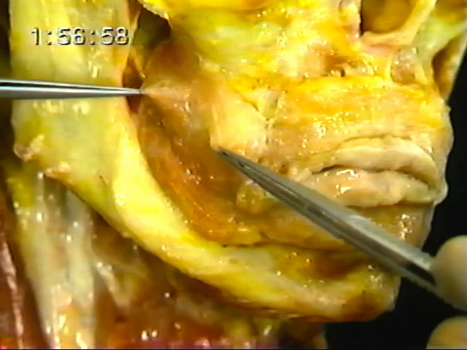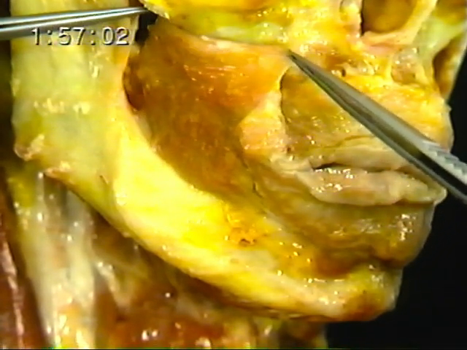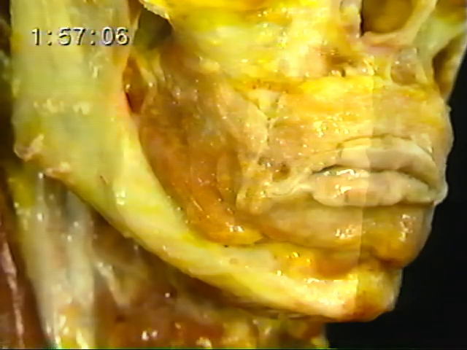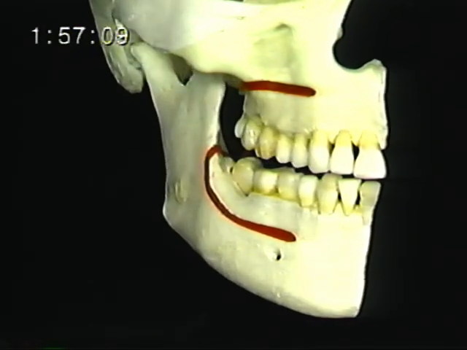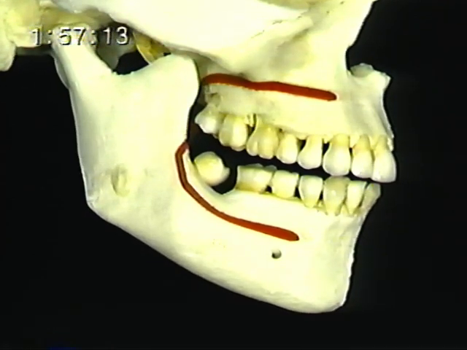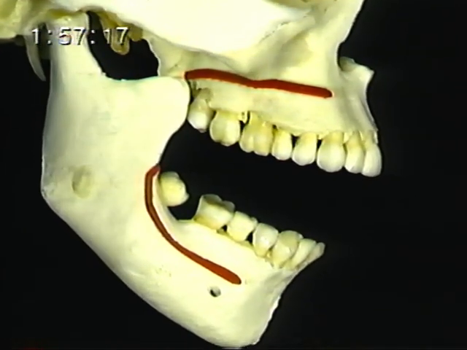The buccinator is a thin pouch of muscle that closely follows the contours of the mucous membrane of the vestibule. It has a long line of origin. The buccinator arises from the maxilla and from the mandible along these lines. Above, the line of attachment curls round behind the tuber of the maxilla.